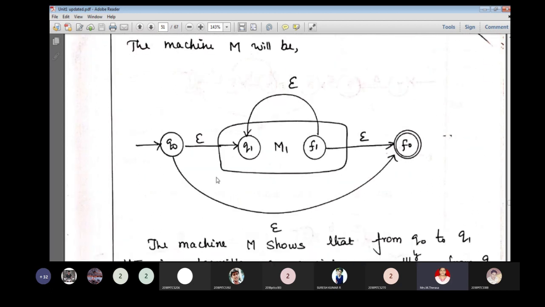So here you have a finite automaton M1 which accepts L of R1. We take it as such. Then what you are going to do? You introduce two more states, Q0 and F0. From the state Q0 to the state Q1, where Q1 is nothing but the initial state of the machine M1, we draw a transition over epsilon.